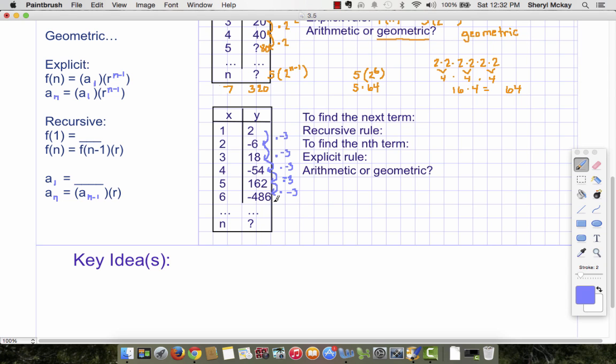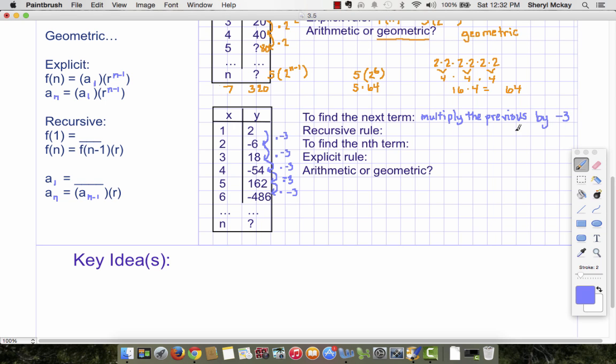So what would I do to find the next term? Well, I would multiply the previous term. What would I multiply it by? I'd multiply it by negative 3, right?